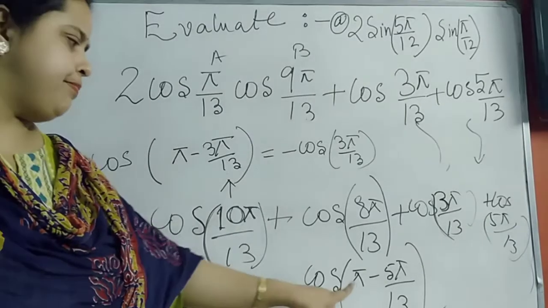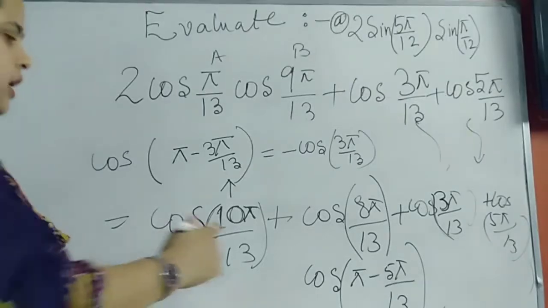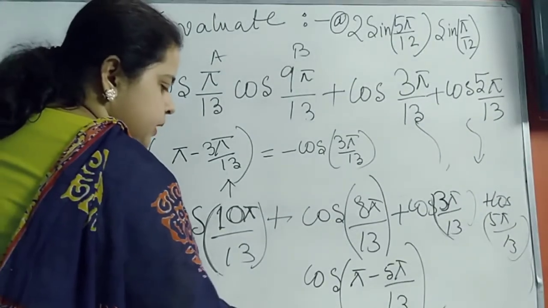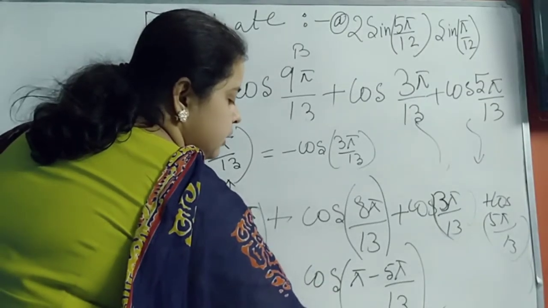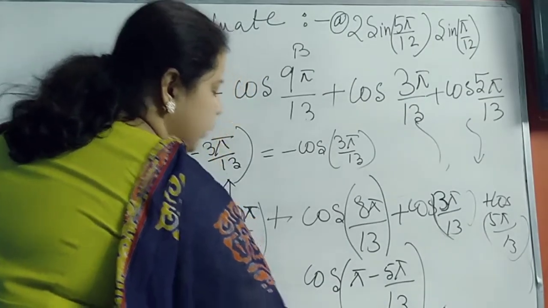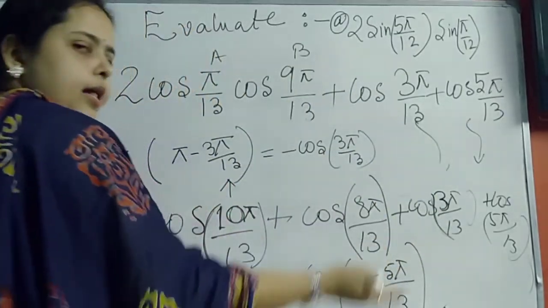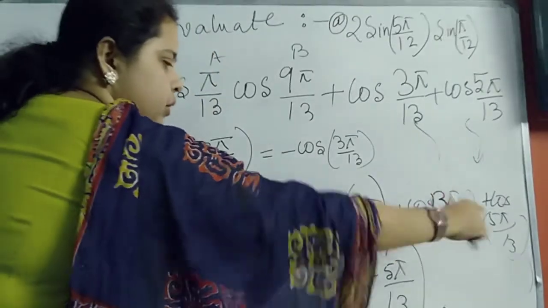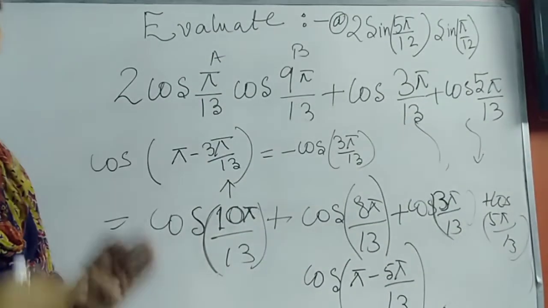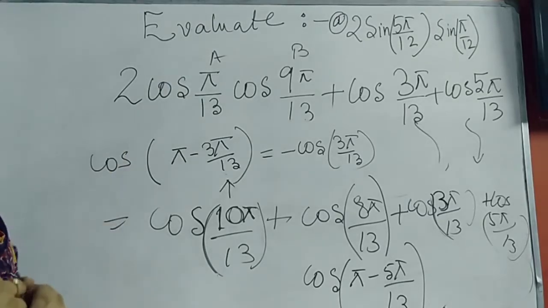So cos of pi minus 5 pi by 13 means 8 pi by 13, and this is going to be minus cos 5 pi by 13. So the first term is going to cancel with the third term and the second term is going to cancel with the fourth term. All four terms cancel to 0. So the answer is going to become 0.